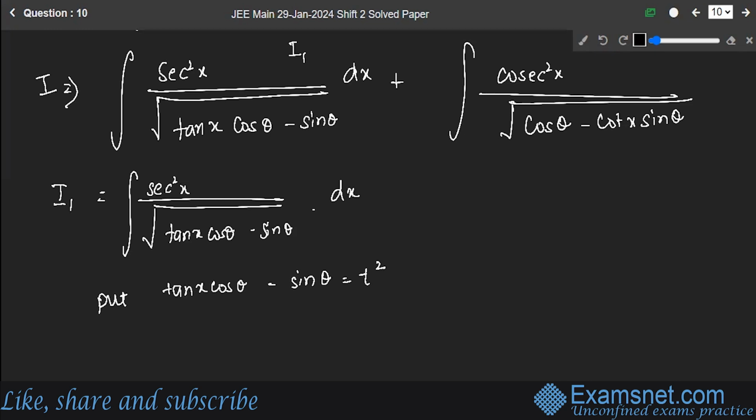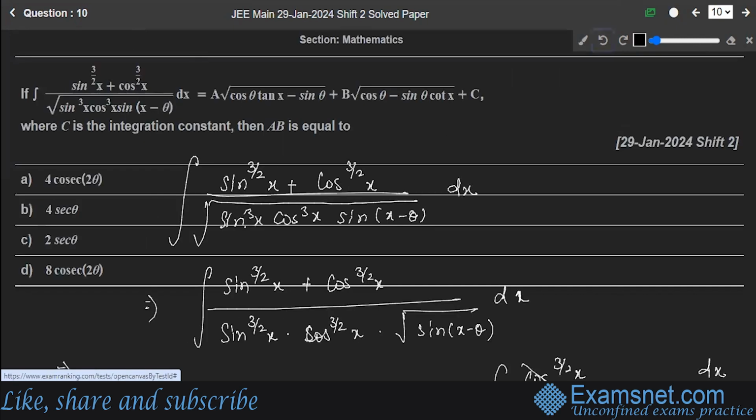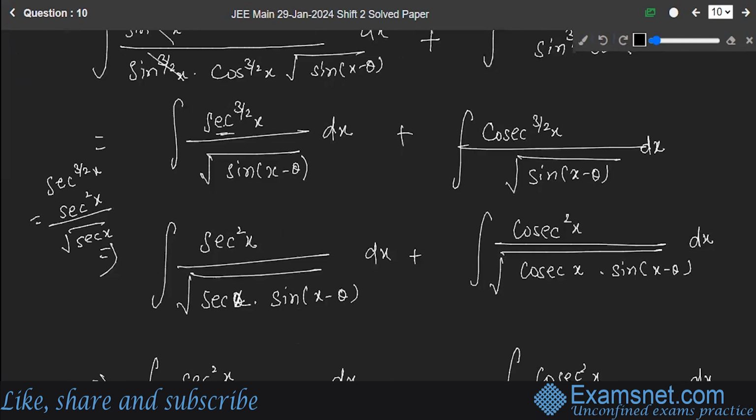Here cos theta will be constant, so the derivative of tangent x cos theta is secant square x into cos theta.